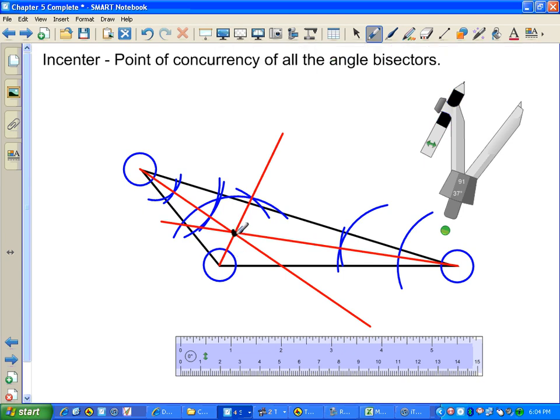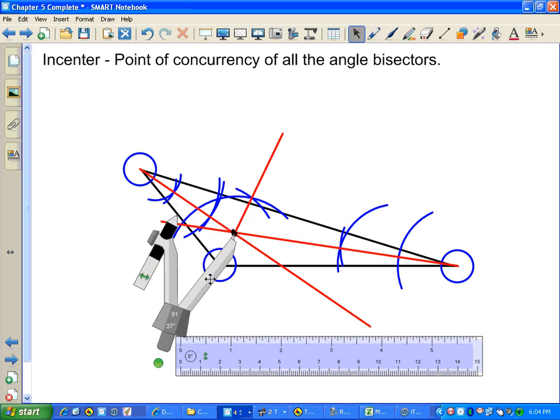Okay, and now if you remember, every point on an angle bisector is equidistant from the two sides of the angle. So this point should be the same distance from this side as it is from this side. In order to make the distance from a point to a line, we need the perpendicular segment that connects those.